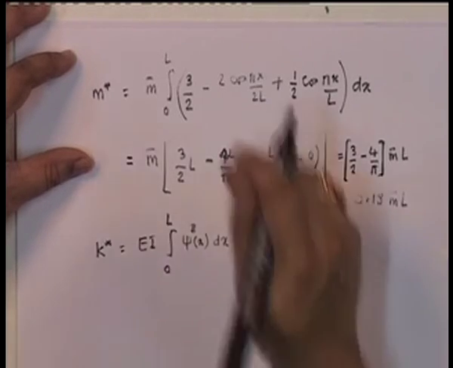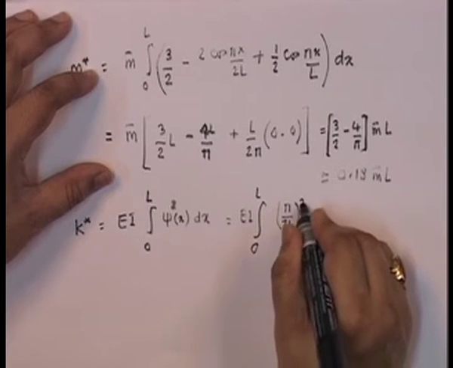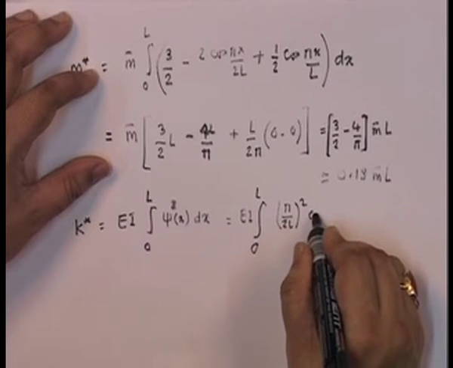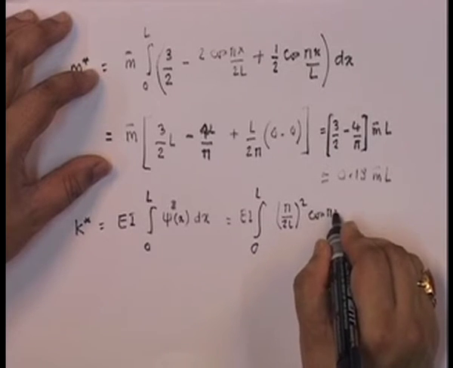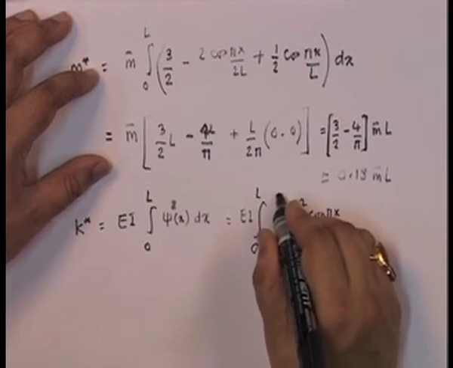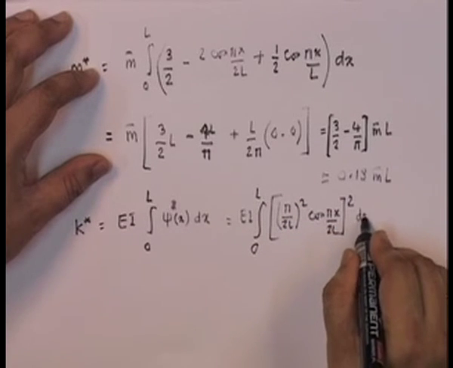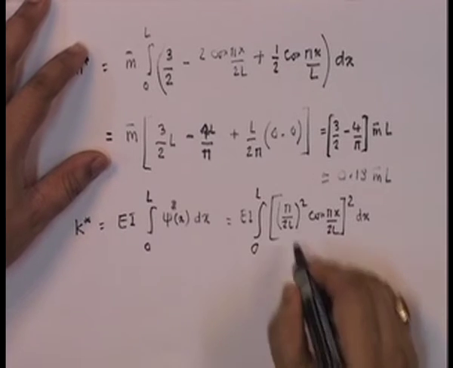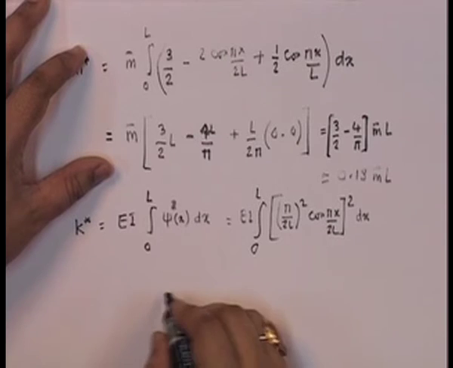Xi double prime was equal to pi upon 2L cosine pi x upon 2L, the whole squared dx. So, this is going to be equal to pi squared upon 4L squared. I am going to take that outside.